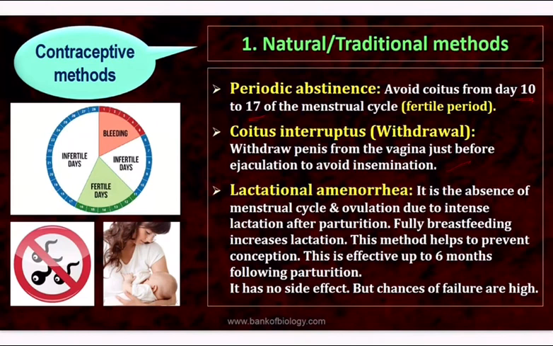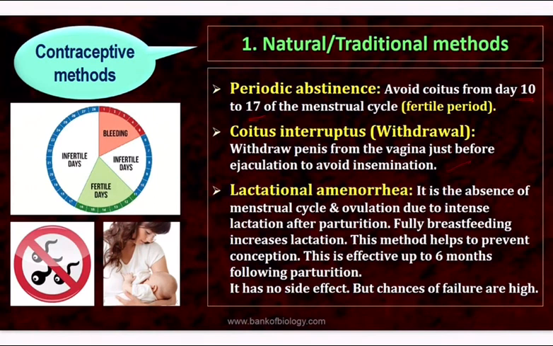Once parturition takes place, the mother starts secreting the milk. As long as the mother gives breast milk, there will not be menstrual cycle. So this method is considered very effective only up to maximum period of 6 months following parturition and has no side effects. So this is the best one.